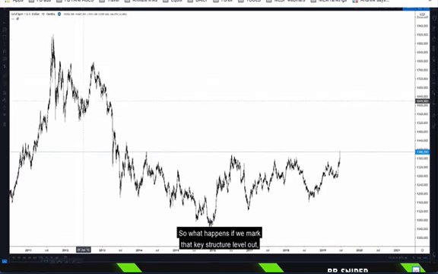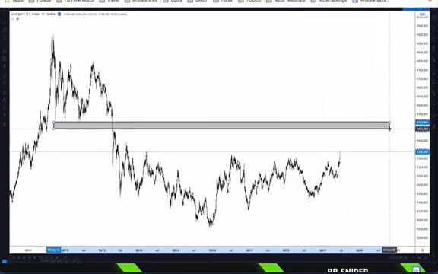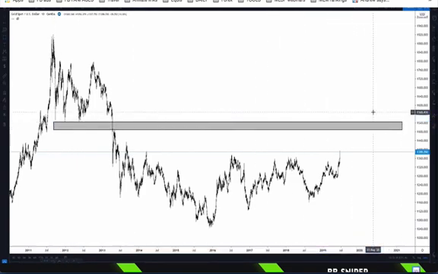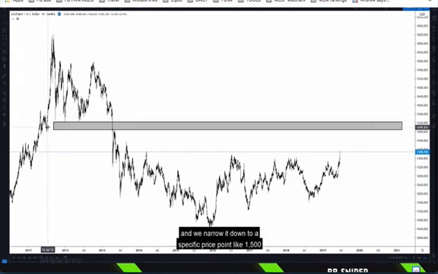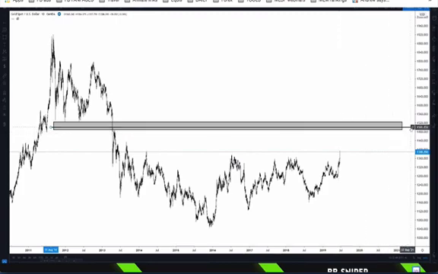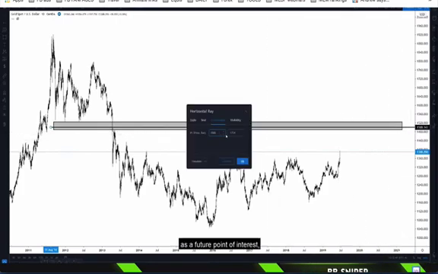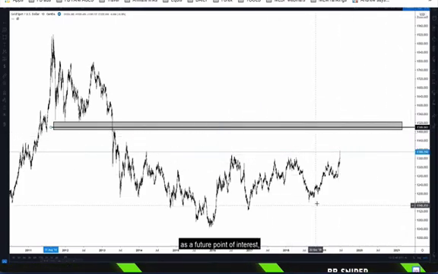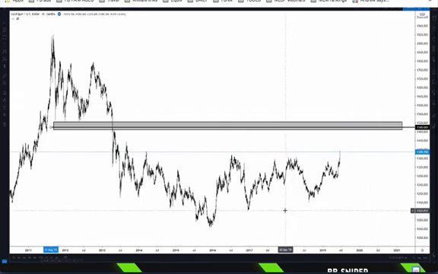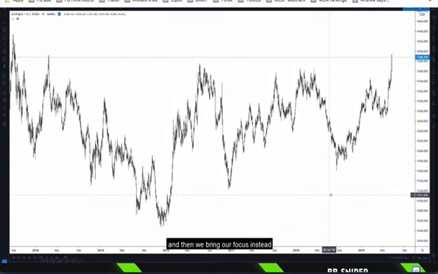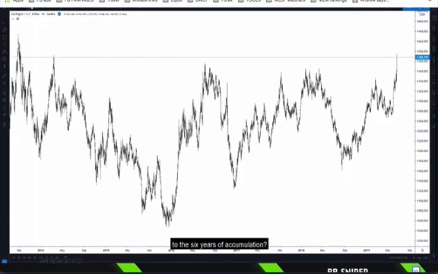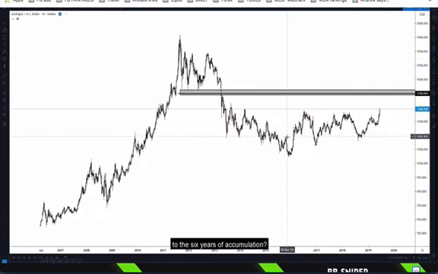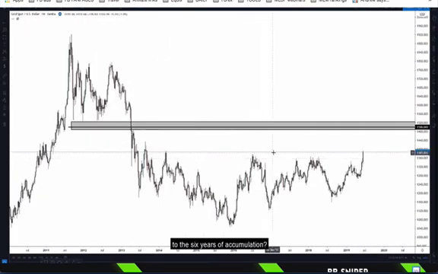So what happens if we mark that key structure level out and we narrow it down to a specific price point like 1500 as a future point of interest? And then we bring our focus instead to the 6 years of accumulation.